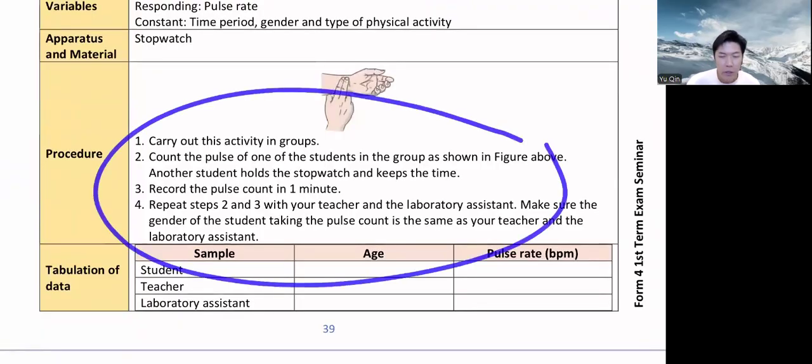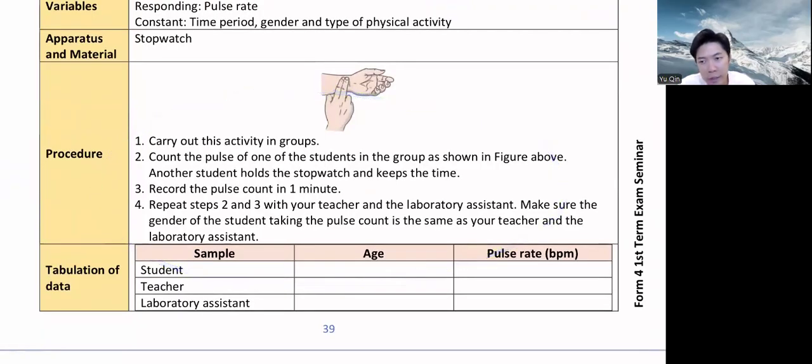So this is the step. Of course you'll be thinking, okay, fine, this is the part that I'm going to give up. If there are questions asking for procedure for other experiments, there will be more steps, and honestly it will be a bit difficult for you to remember all of them. So this part is either a hit or miss. Or in future, I'll teach you another method to write procedures. But for now, let's not waste time on that part because you might not get this question anyway.